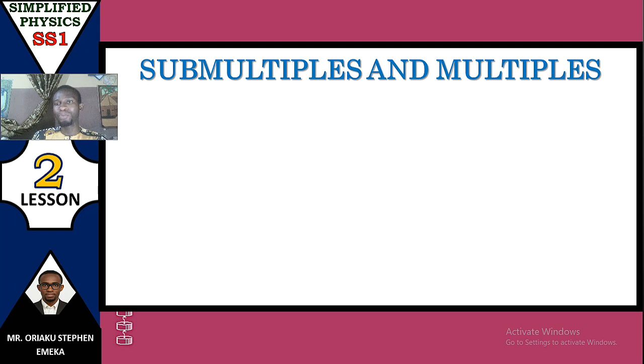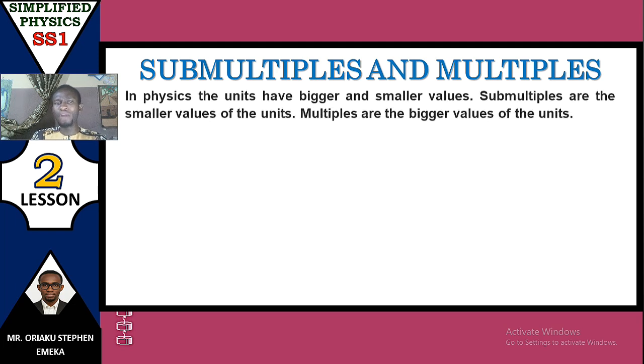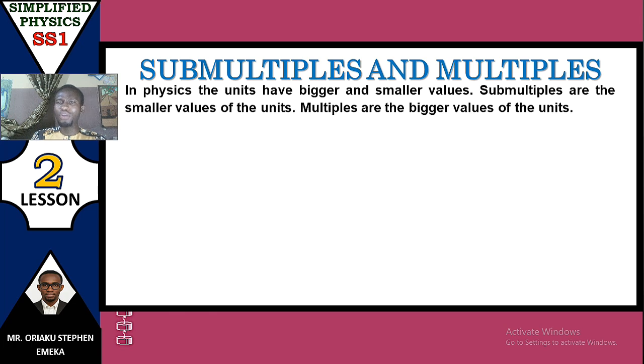So let's go to the next thing we are talking about, which is multiples and submultiples. Sometimes what we want to measure, like length, which is measured in meters, is smaller than a meter, and sometimes it is bigger than a meter.